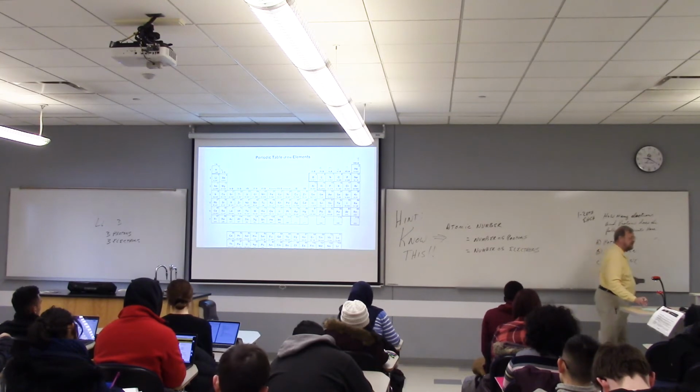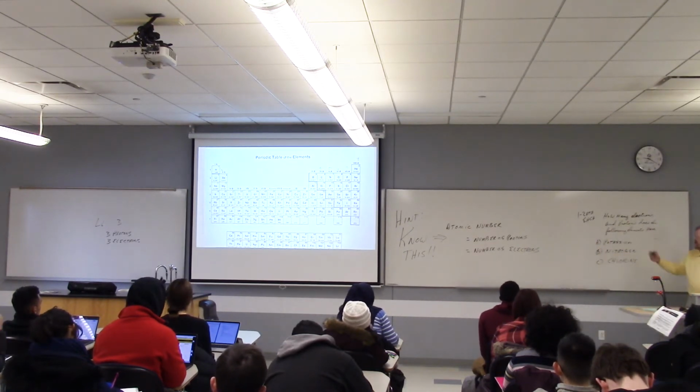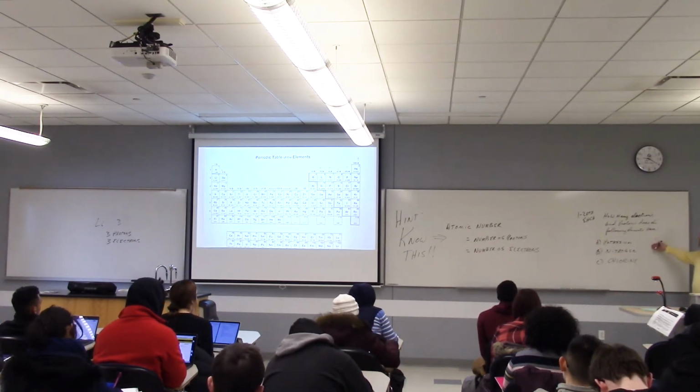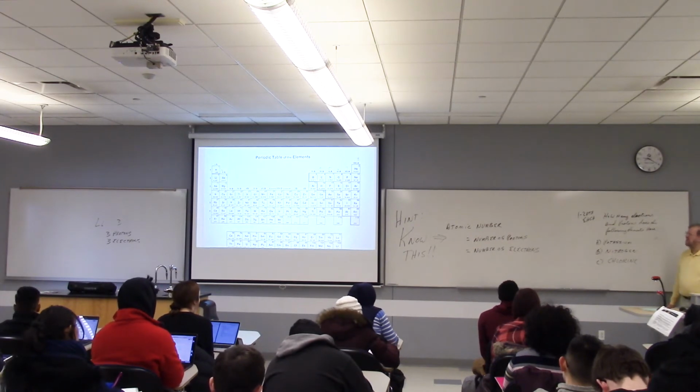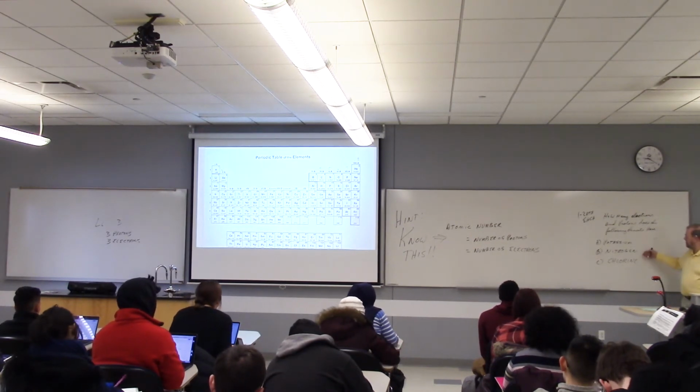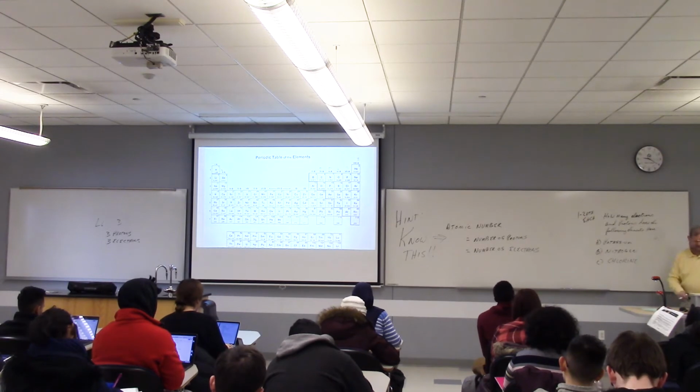Why don't you try this on your own? You have a periodic table. Why don't you find out how many electrons and protons are in potassium, nitrogen, and chlorine?